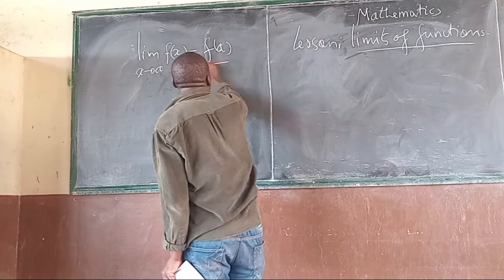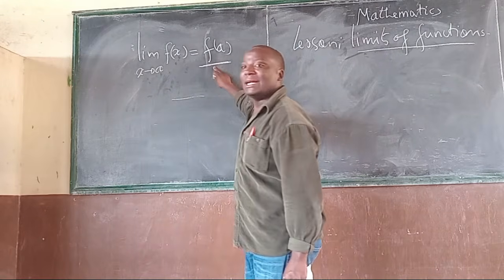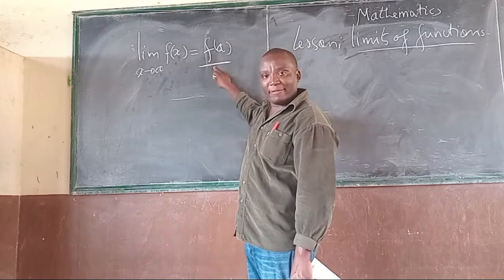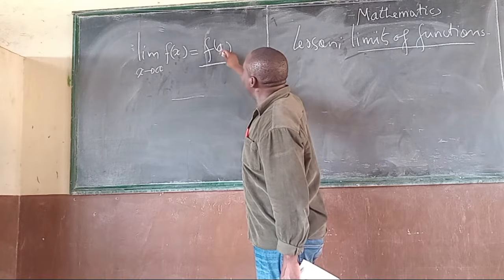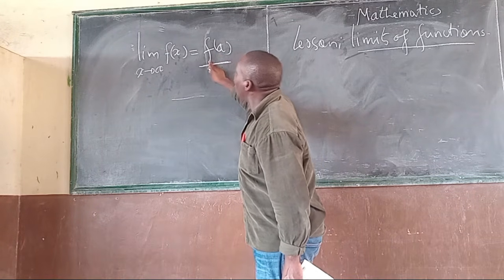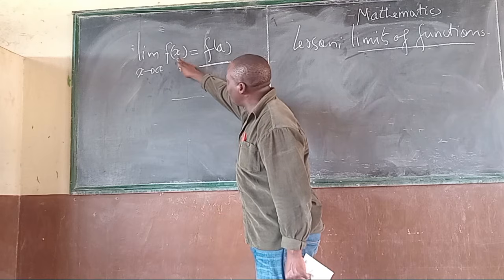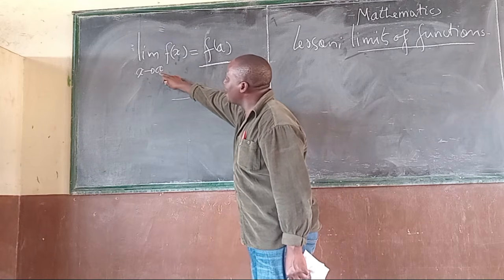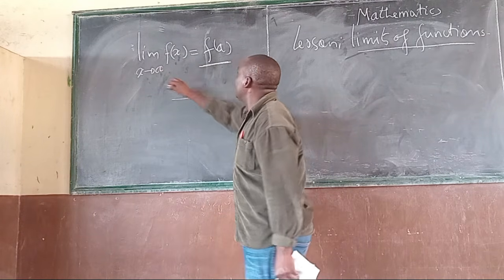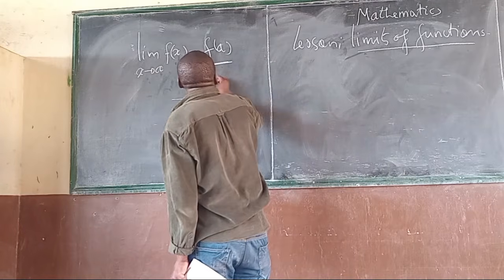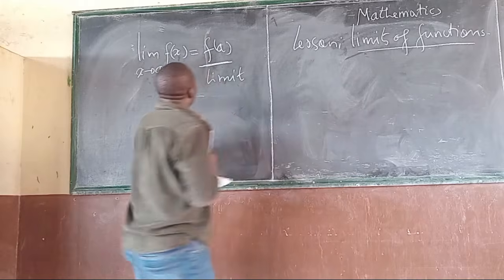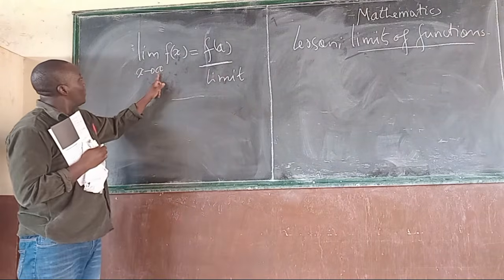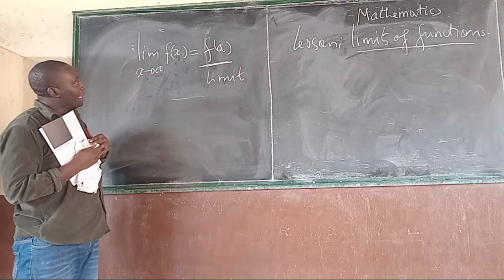Then here f of a becomes the limit of our given function. f of a here stands for the maximum value of your given function f of x, where x tends to be a. This f of a is what you call the limit of your given function f of x, where x approaches a.